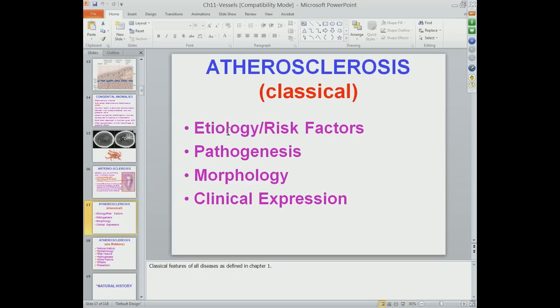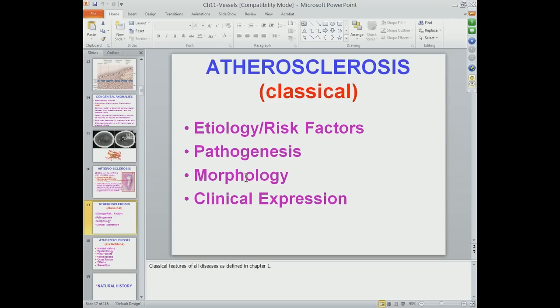If it doesn't have a specific etiology, it has risk factors, like we said in Chapter 1. We have a pathogenesis, or sequence of events at the cellular level, which happen in the development of the disease, and often way before the clinical expression of the disease too.